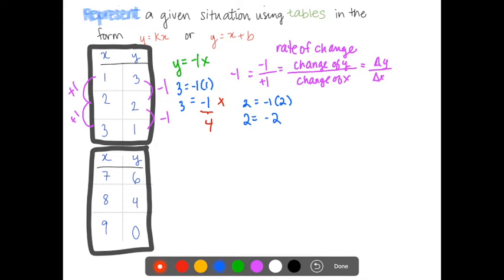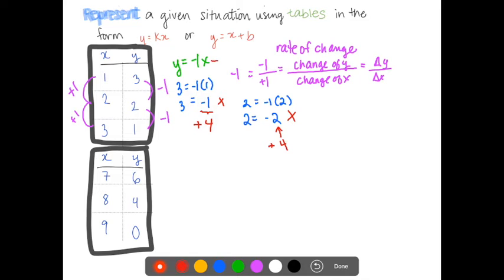What I notice is that this rule is also not going to work, and there is a positive 4-point discrepancy here. So if I add 4 to this value of -2, then I do get a +2. If I add 4 to this value of -1, then I do get a 3.